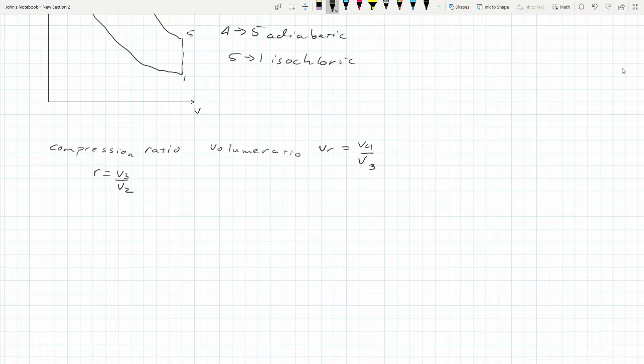But from looking at the specific ratios for both cycles, my belief is they will be pointing to the same thing. I am unsure if the cutoff ratio is specifically for diesel, but I highly doubt it since it's a dual cycle. Just keep in mind that terminology might change from book to book.